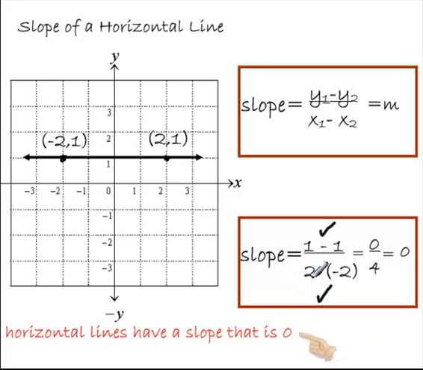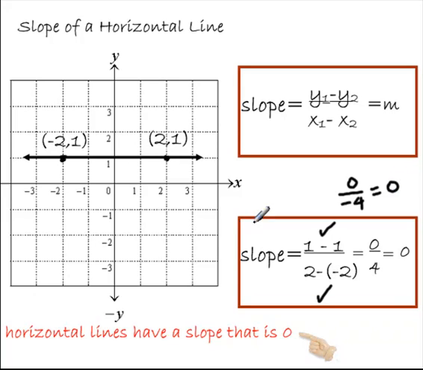What you could have done is you could have subtracted those in the opposite direction. In either case, on the top we would have 1 minus 1, and on the bottom we could have -2 minus 2. So if I had 1 minus 1 over -2 minus 2, that would still be 0 divided by -4, because -2 minus 2 would be -4, so that really would be equal to 0.